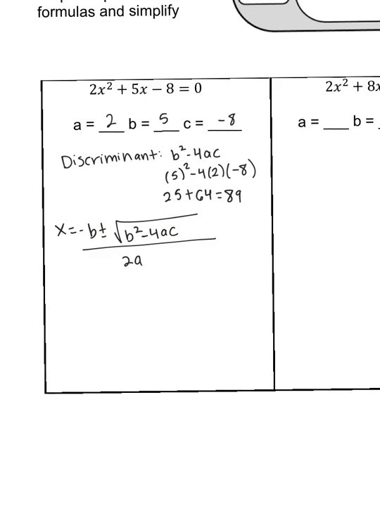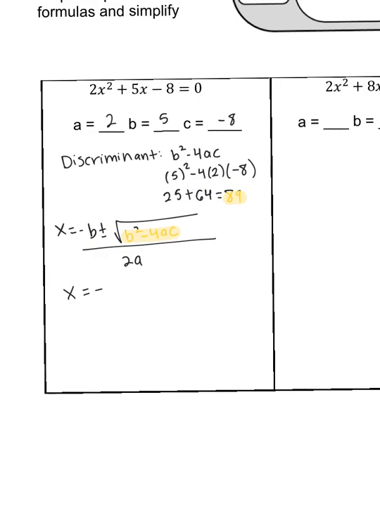Okay, what was under that radical, the b squared minus 4ac, that is now just 89. I've already found that number. So I'm going to rewrite this. My b value is 5. So in the front of the formula is negative b. You can think about it as the opposite of b. Usually this is the biggest mistake. People forget that negative sign.